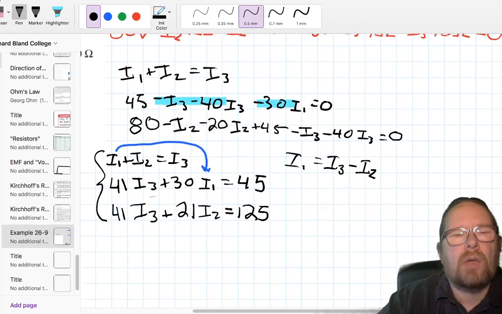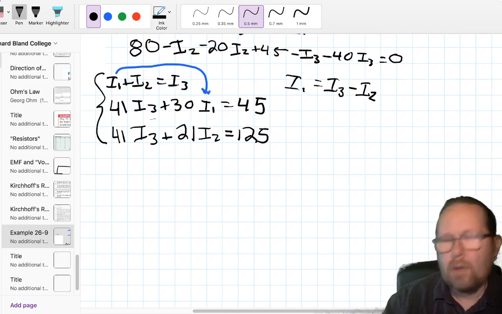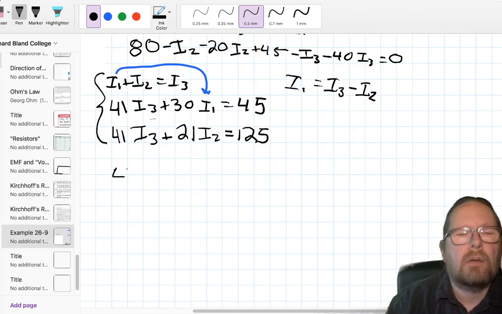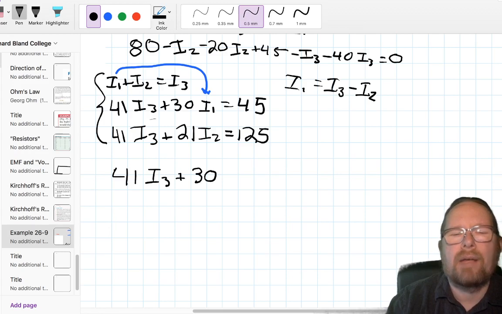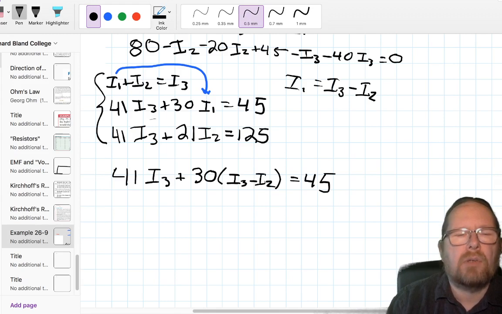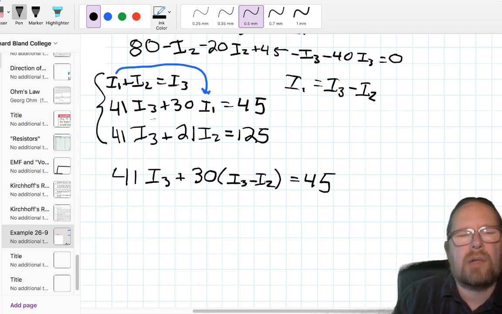So the second equation becomes 41 I3 plus 30 I1, where I1, I'll do it all in one step, is I3 minus I2, equals 45.